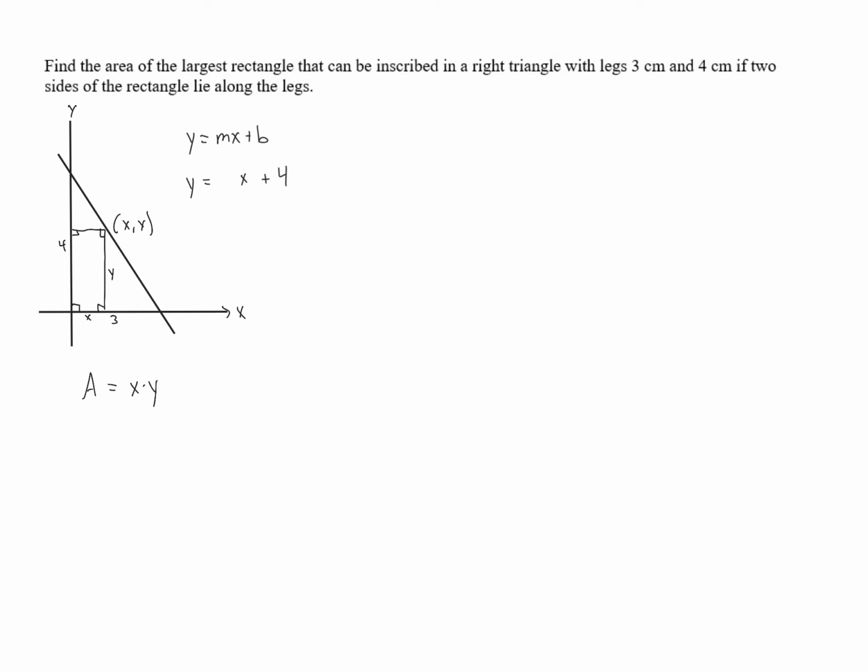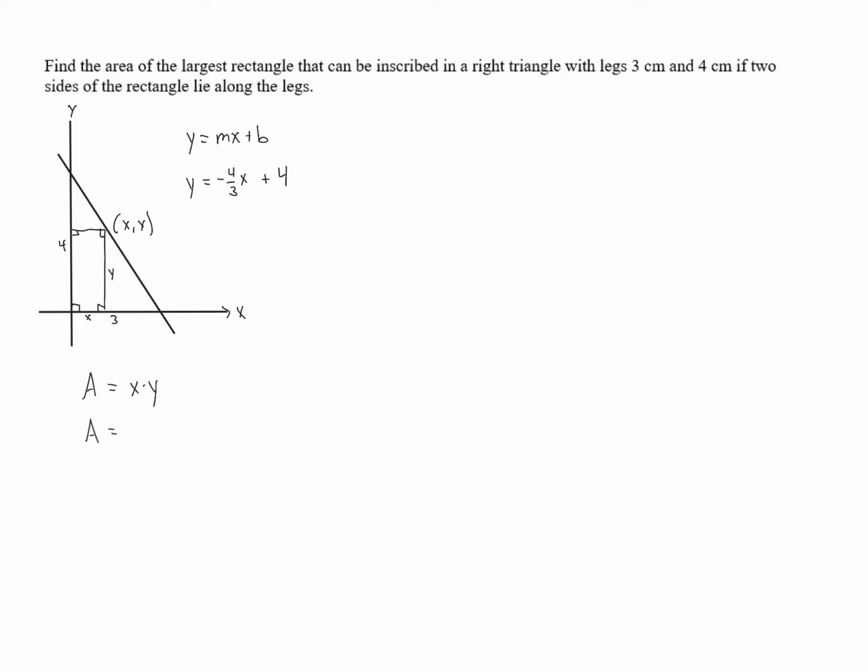Now, that's not difficult at all. The slope is negative because it's going down as it goes to the right, and the rise is -4, and the run is 3, so that's going to be -4/3. And we can use this to plug in for y so that we can write area just as a function of x.